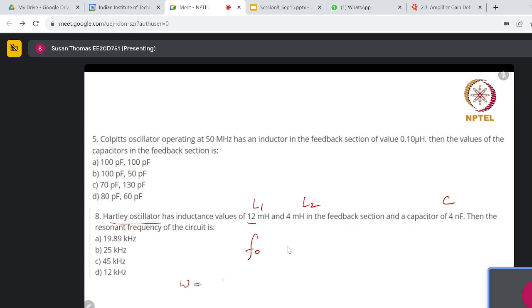So basically, you know, omega naught is 1 by root of C1 into L1 plus L2. So F naught should be 1 by 2 pi times omega naught.